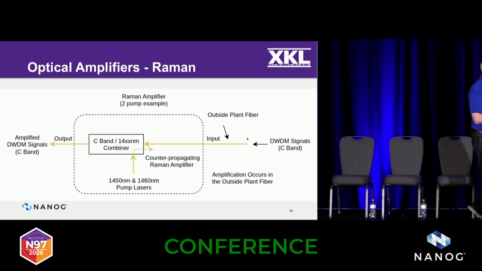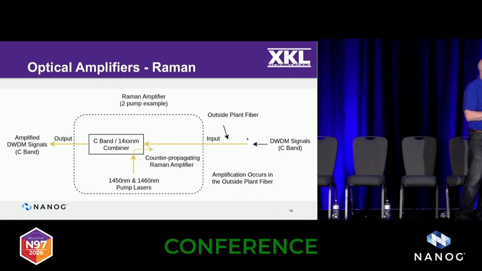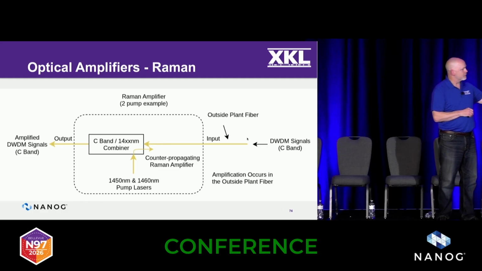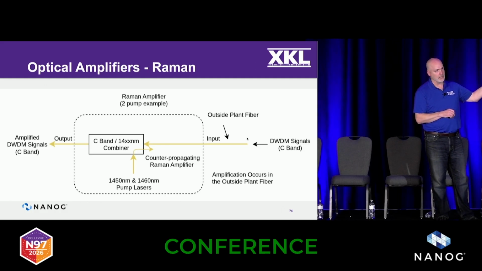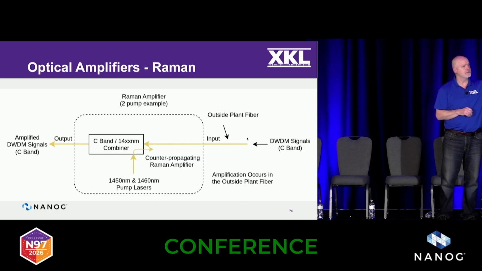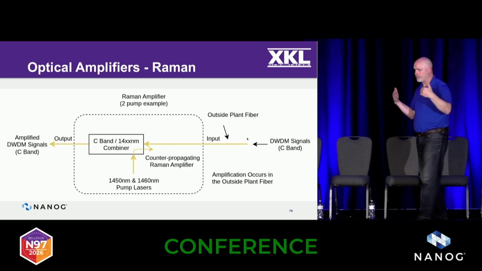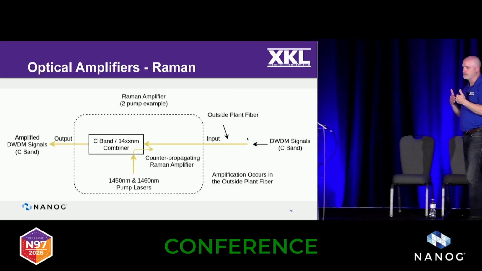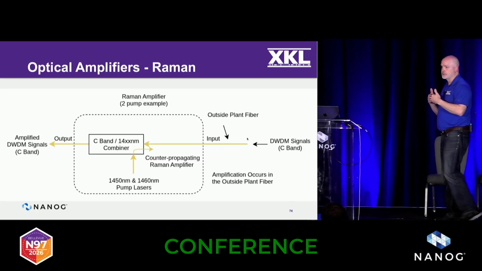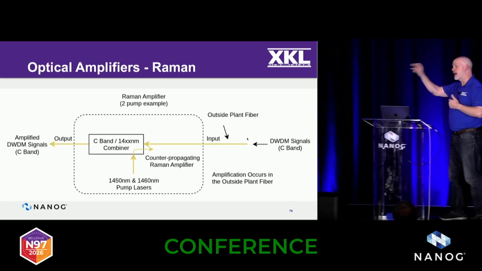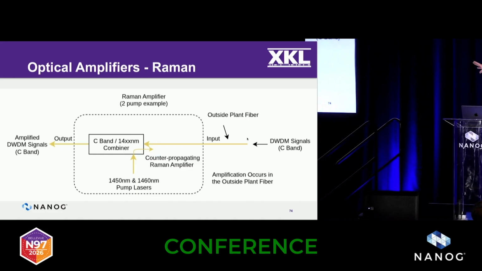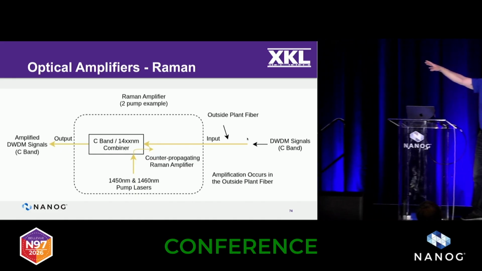So you've got these 2 pumps, they get combined in this combiner, except now this is a counter-propagating Raman, which means it's firing back to the DWDM signals. The DWDM signals are coming into it. The Raman is pumping in the opposite direction. Because what it's doing is it's basically reaching out and amplifying the C-band signals 20, 30, 40, 60 kilometers away.